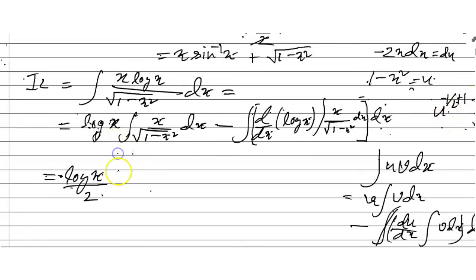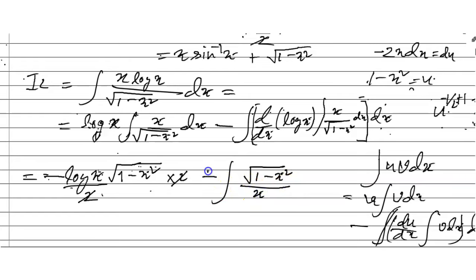So it is also u to the power, it can be written root over 1 minus x square into 2. So 2 cut, and the value will come this way. So it is minus root over 1 minus x square divided by x. This will become plus log x root over 1 minus x square. I hope I can clear this concept.